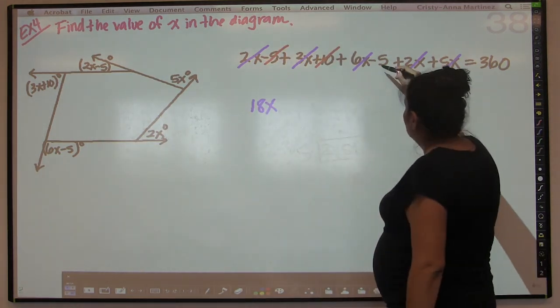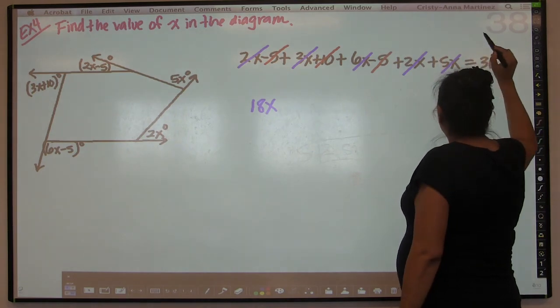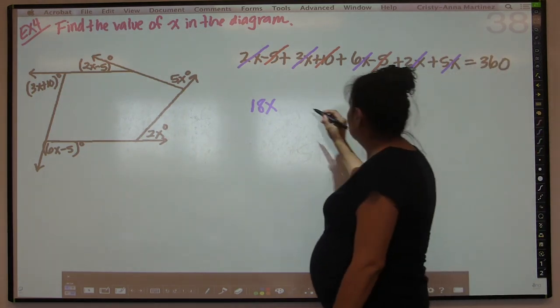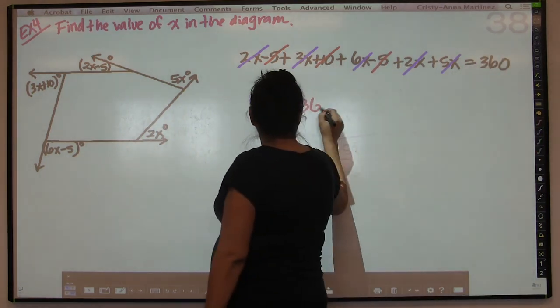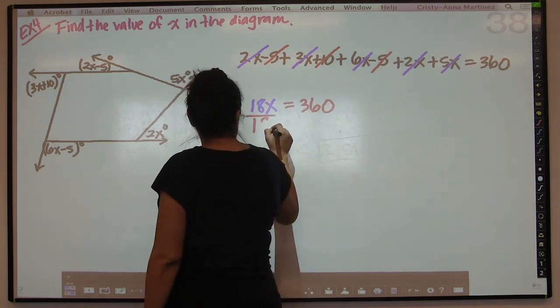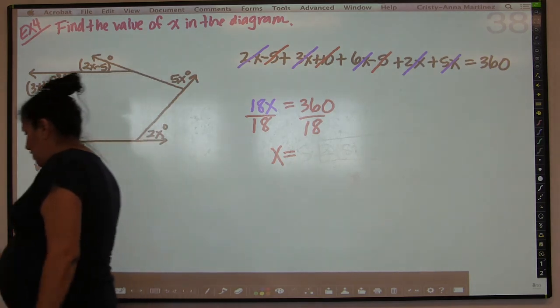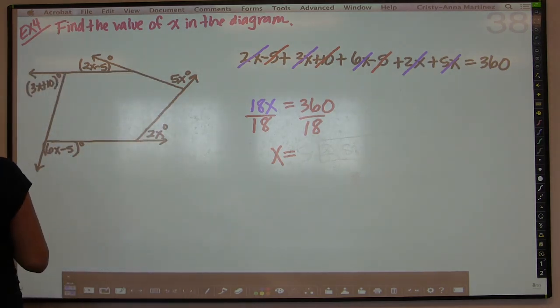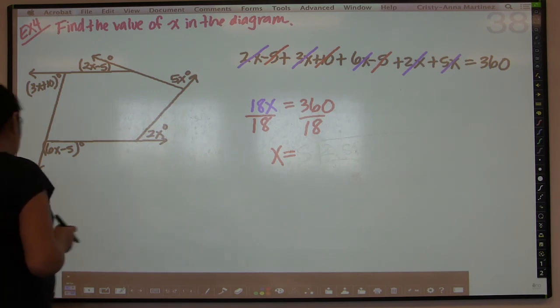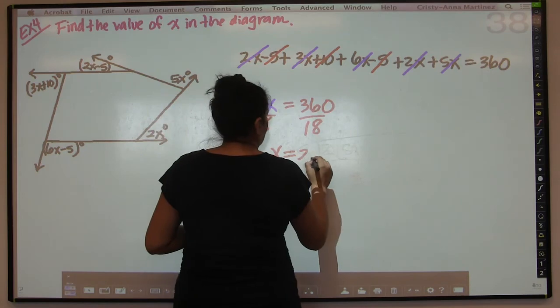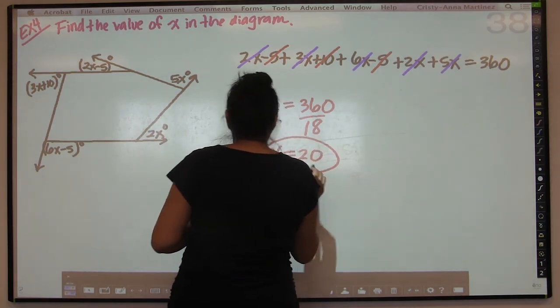Then you have 5 minus 5, which is 0. So that's it. 18x equals 360. Divide both sides by 18. And 360 divided by 18 is 20. And that's what they wanted us to find, the value of x.